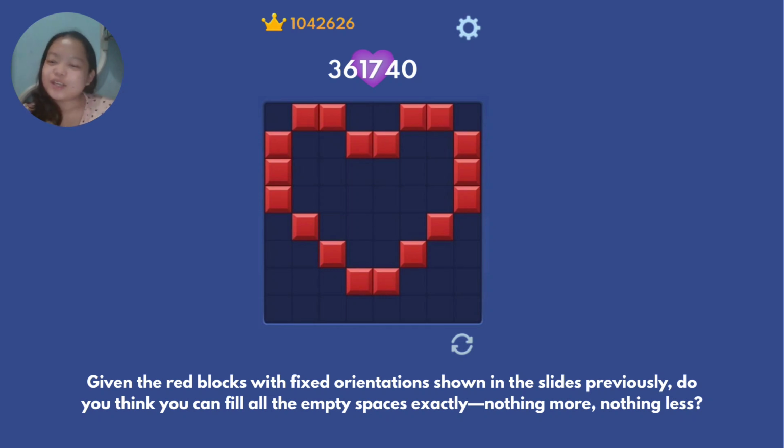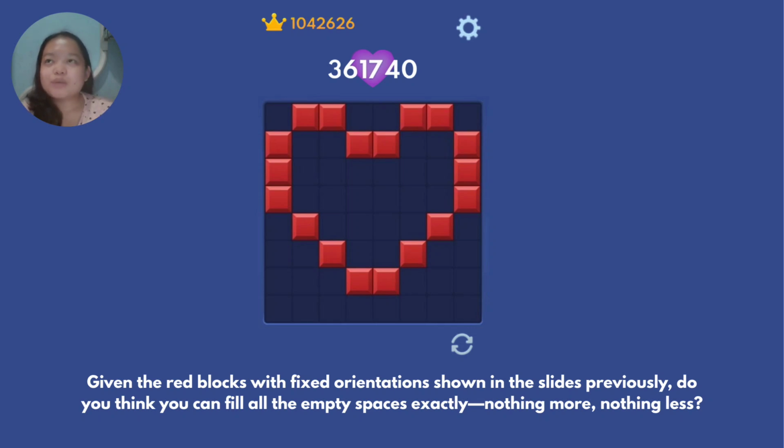So ayan, given the red blocks with fixed orientations shown in the slides previously, do you think you can fill all the empty spaces exactly? Nothing more or nothing less. Ayan. So, dito, dapat ma-fill nyo yung mga empty spaces. Ayan, dun sa heart shape. So, dapat wala siyang labis, walang kulang.